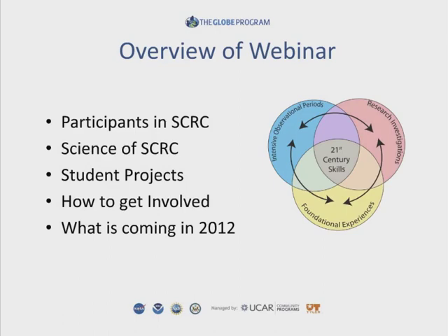On the bottom, the yellow circle are foundational experiences, and those are primarily learning activities or things that can engage students to help them learn a little bit more about climate. And then the red or pink circle is the research investigations. And that's where we're really hoping to see a lot of students exploring their own local climate and creating research investigations focused on climate.